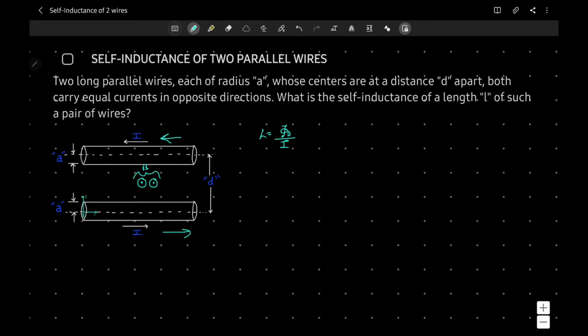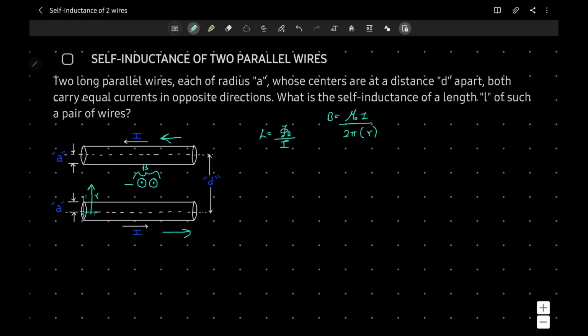Now, by Ampere's law, we know that the magnetic field created by a wire is equal to B equals mu naught times the current over 2 pi times the distance. But we are going to define from here to that point, I'm going to say that that will be r. Then the distance from the center of this wire to that point will be r.